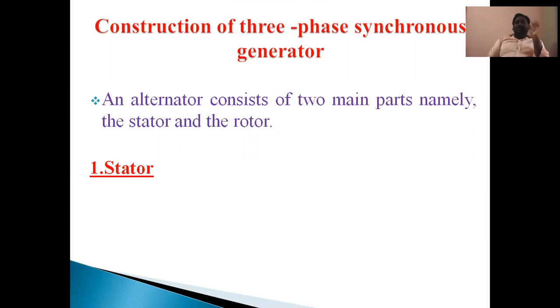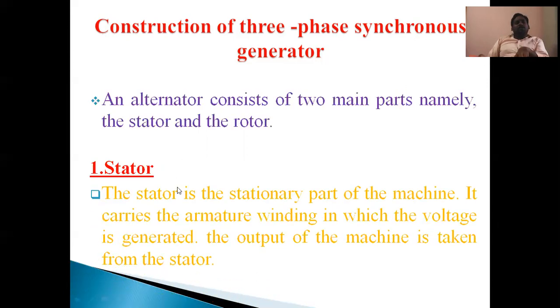When these conductors interact with the magnetic flux, what happens? EMF gets induced in this stationary armature winding or armature conductors. Then the output is collected across the stator terminals, or the load is directly connected across the stator terminals.